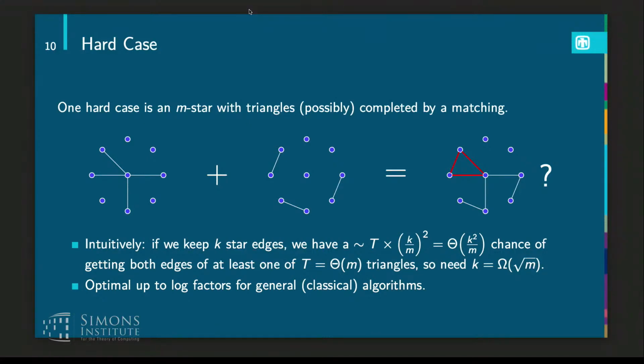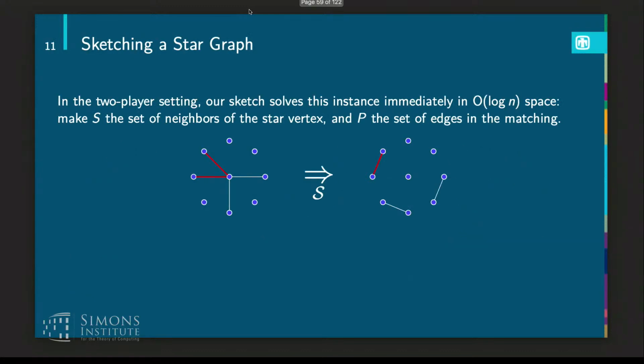As that connection would suggest, you can solve this in log m space with our sketch. Sorry, you can solve it in the two-player setting, I should say. For simplicity, we assume one person has the star, they sketch it and send it to the second person, who then uses the matching edges to try and detect triangles.